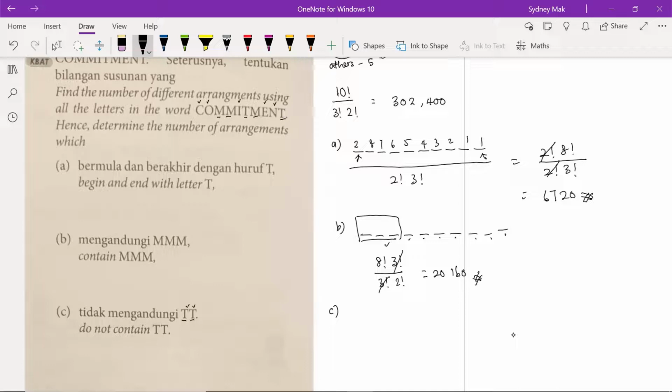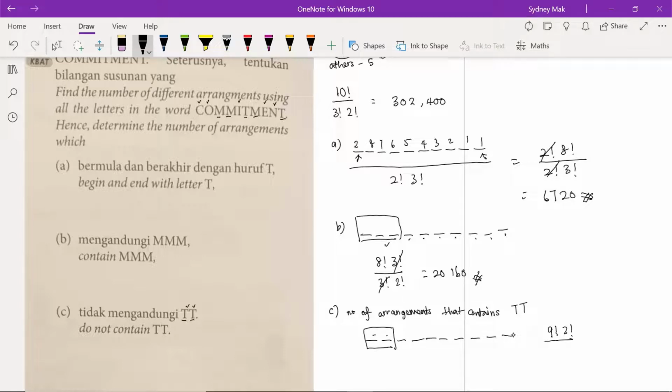So let's find the number of arrangements that contain TT. Okay, so use the fill in the slot method 1, 2, 3, 4, 5, 6, 7, 8, 9, 10, whereby these 2 we group together. So instead of 10 items to be arranged, now externally we have 9 to arrange, and internally we have the 2 T's to arrange among themselves. So 2 factorial.